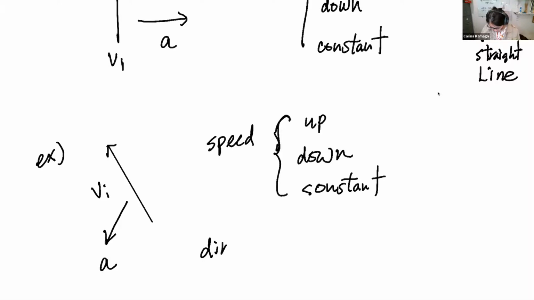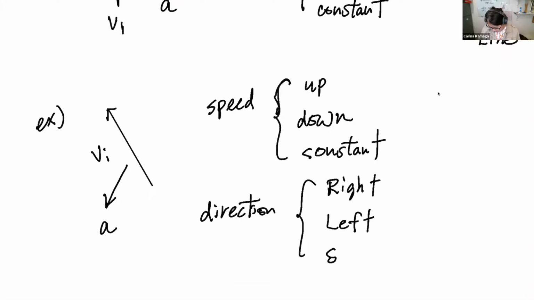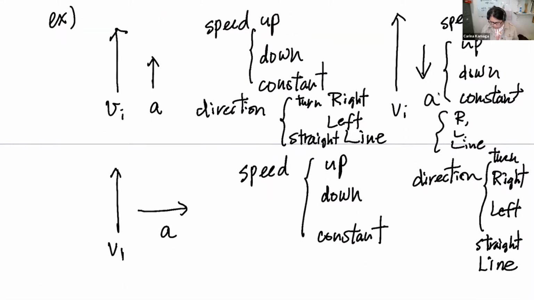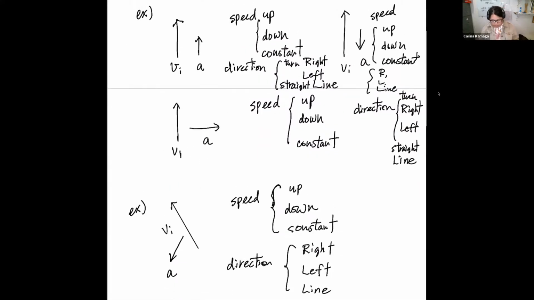In direction: turn right, left, or maintain the same direction in a straight line? So I want you to circle for all of these cases and find out how the acceleration A describes the change in velocity.